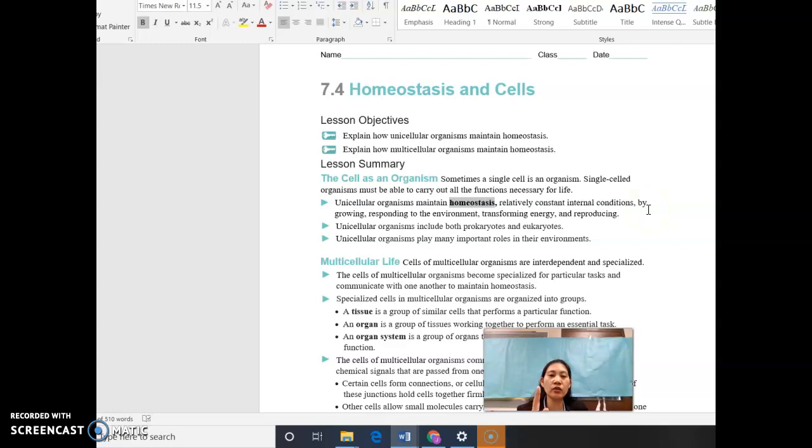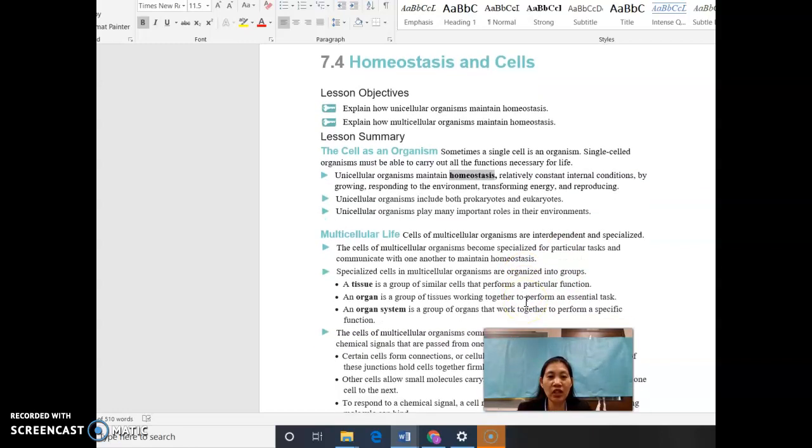By number one, growing. Number two, responding to their environment. Number three, transforming energy. And number four, reproducing. So those are the four things that make the organism maintain their internal conditions constantly.